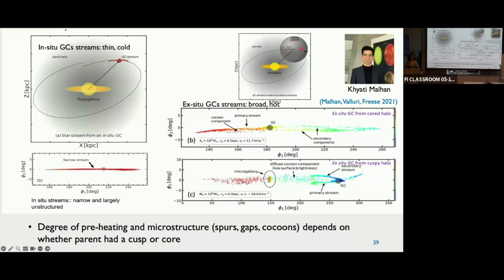But in any case, the tidal field from the Milky Way also affects the density profiles of dwarf galaxies.